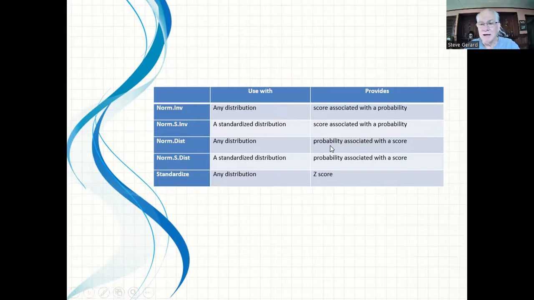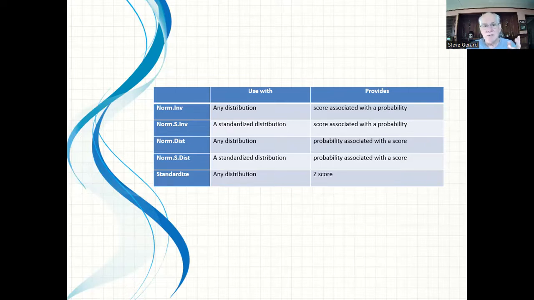Now, here's a tricky one. I'm going to ask you at some point, what percent of people are likely to fall between scores of plus 32 and plus 62?